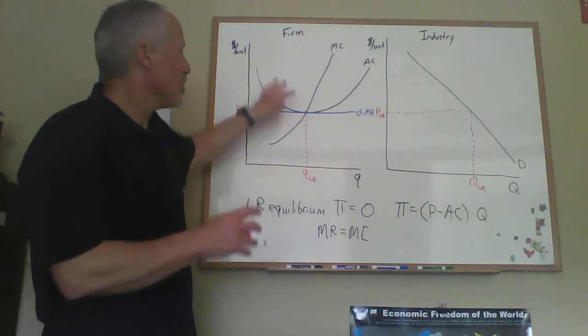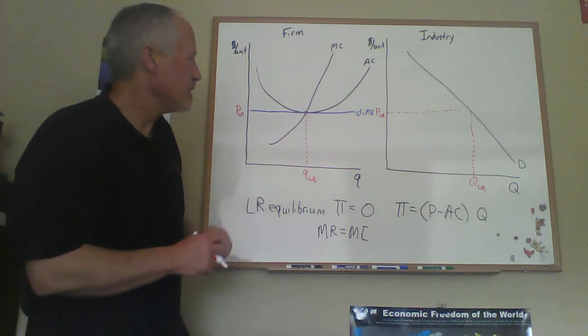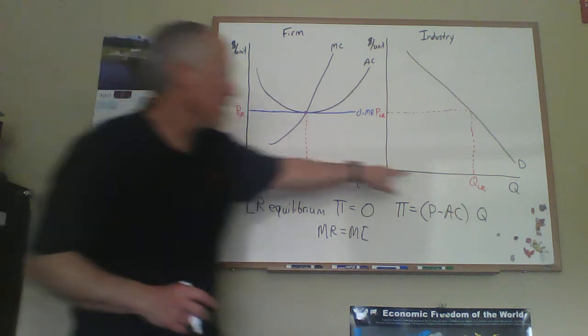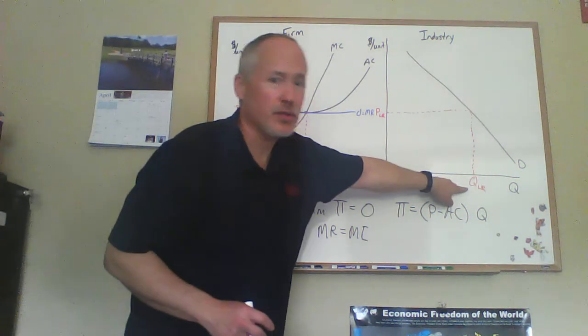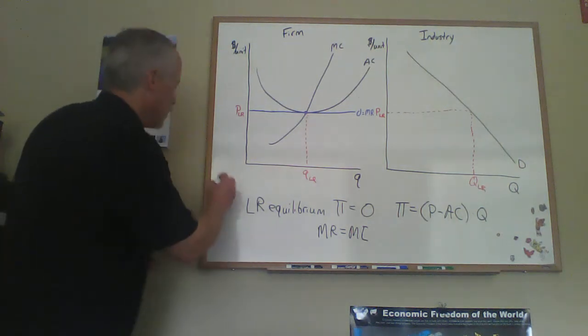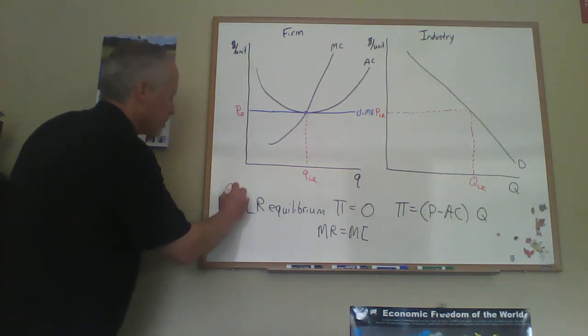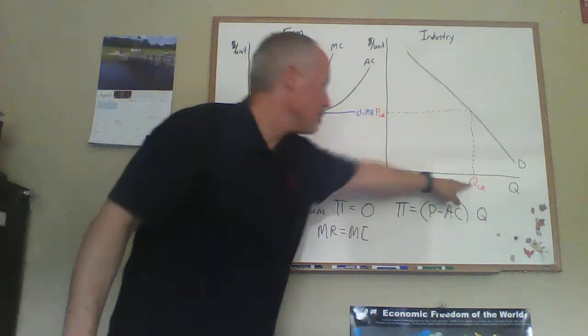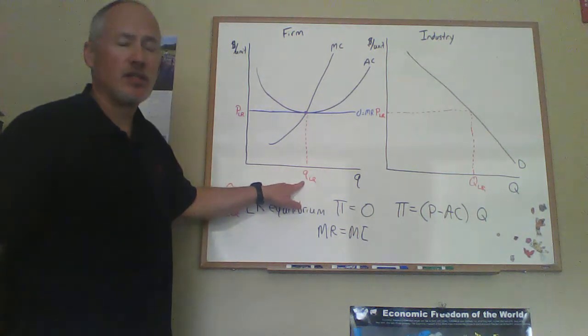If you think of all of these firms as completely identical, each firm is going to produce this amount. In the aggregate, we have to have this amount produced. How many firms do we need? We would need this number here divided by this number here, and that's going to tell us how many firms.